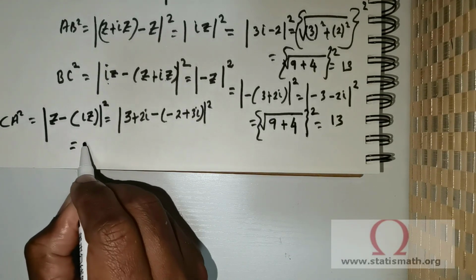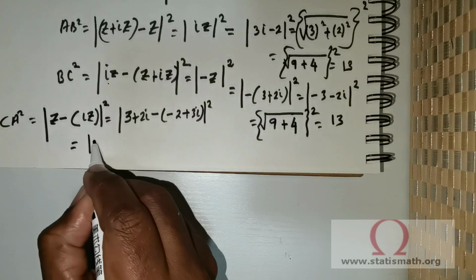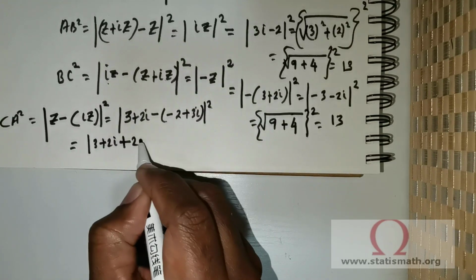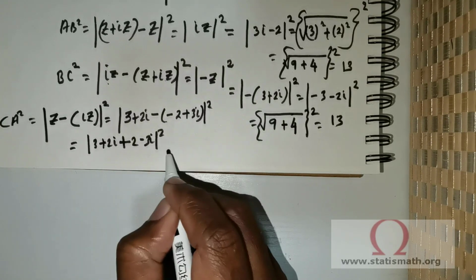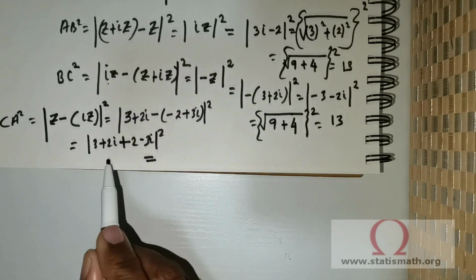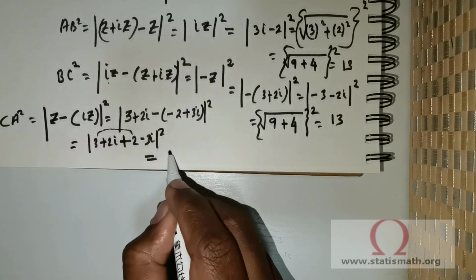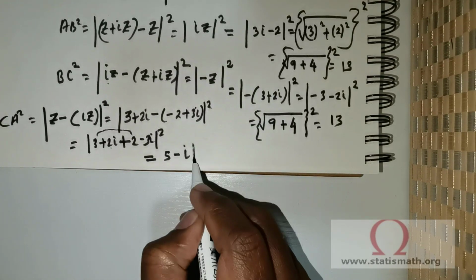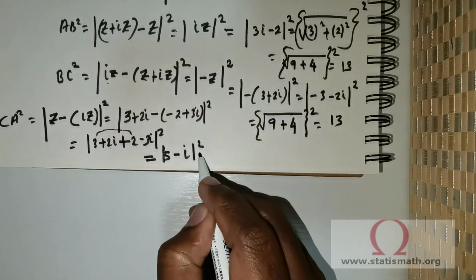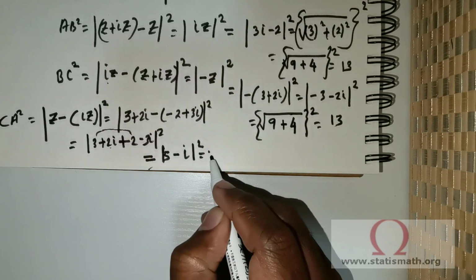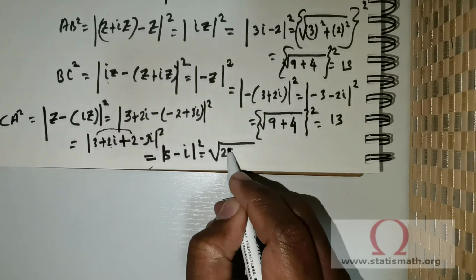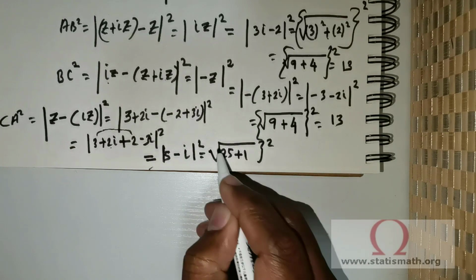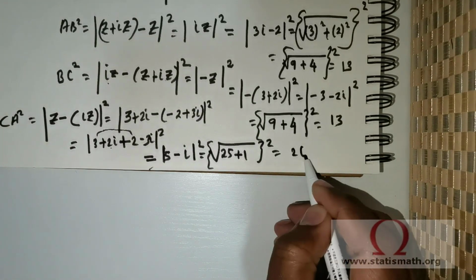So this is equal to the modulus of 3 + 2i + 2 - 3i raised to the power 2. Now 3 added with 2 will give you 5, 2i - 3i will give you -i within the modulus, raised to the power 2. When you apply the modulus, you will get 5 squared is 25, plus 1 raised to the power 2, and that's going to be 26.